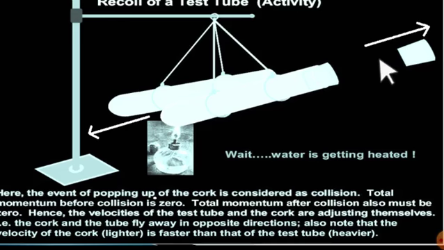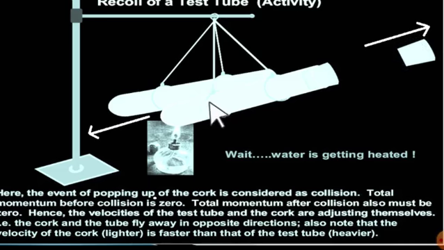The cork will move with a very high speed because it is light, but the test tube is heavy due to the glass as well as the presence of water inside it. So it will move a little bit backward, and the cork, being light, will move with a greater velocity. Mass small, velocity will be very high.